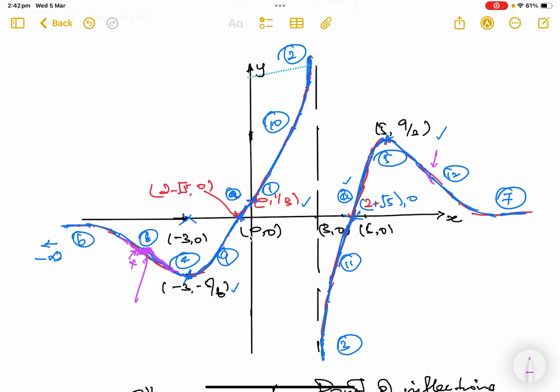They haven't asked us to draw it for the point of inflection. That's just for extra additional information. I just drew it. So the points of inflection: this is concave down, this is concave down, and whichever way you look at it, concave down on the positive side of it.